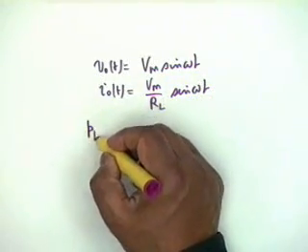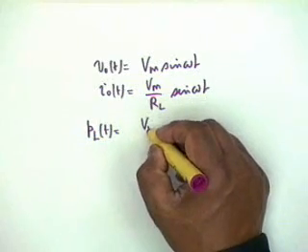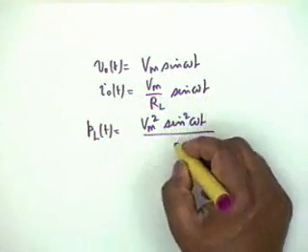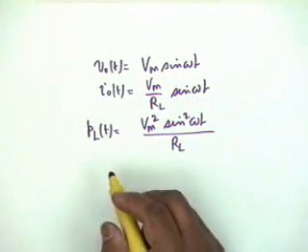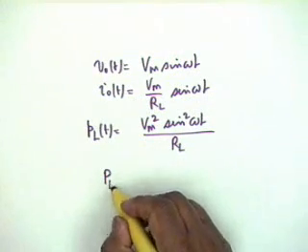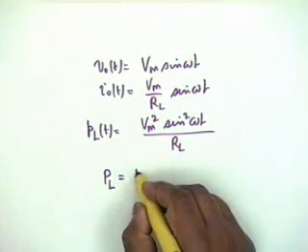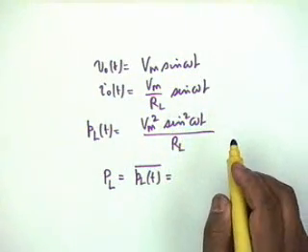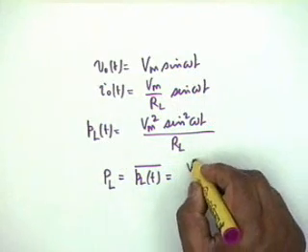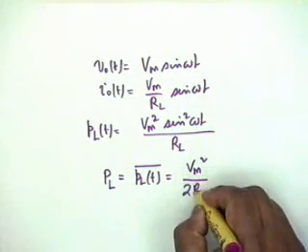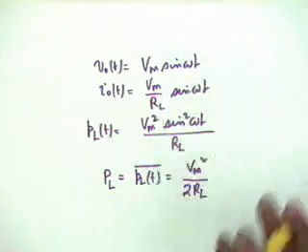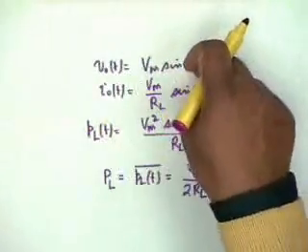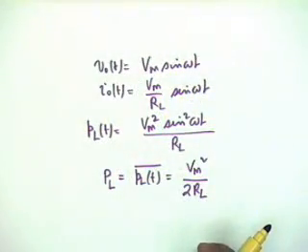So PL(t) would be simply Vm squared sin squared omega t divided by RL, and the load power, which is the average value of PL(t), would be simply, as the average value of sin squared omega t is half, Vm squared by 2RL. We could write this down without going to the average value, because if this is the voltage across the resistance RL, the power dissipated is Vm squared by 2RL.